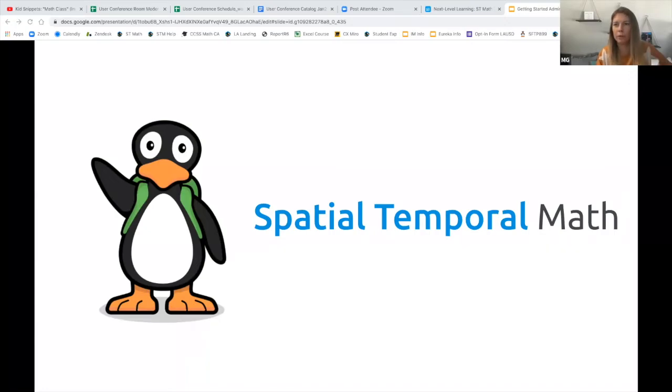When might you use spatial temporal reasoning outside of playing ST Math? There we go. Okay, sports, driving in traffic, puzzles, chess, perhaps.